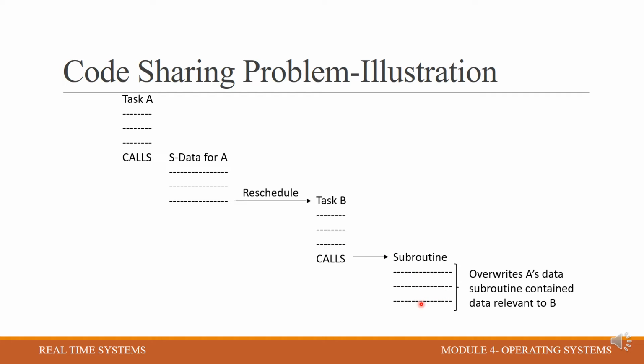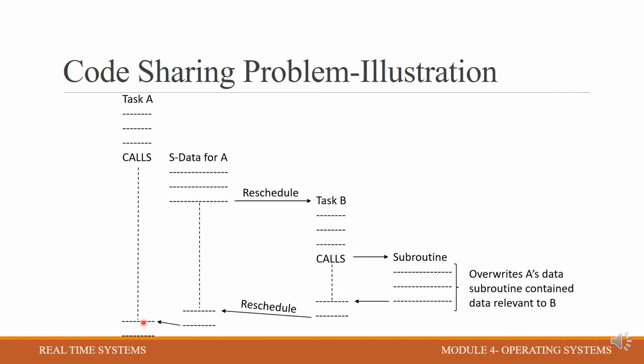This subroutine S, after completion, returns to the position where it was interrupted, and again rescheduling is done so that A begins to use the subroutine at the position where it was interrupted, and it executes. Again a proper return is made. Though the return is made at the correct position, the locally held data have been changed after this rescheduling.